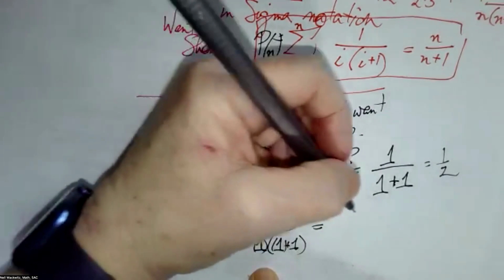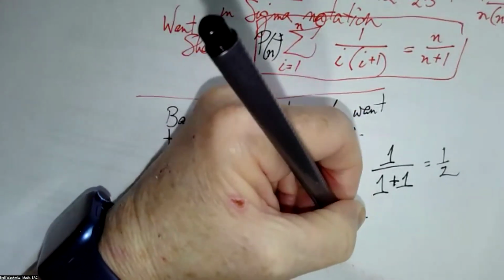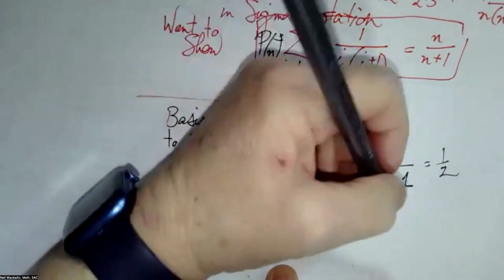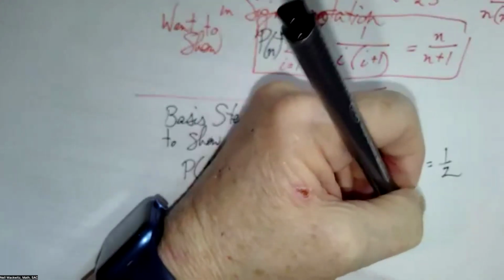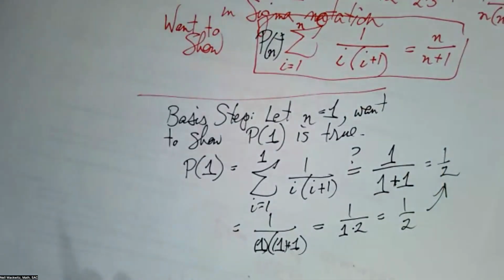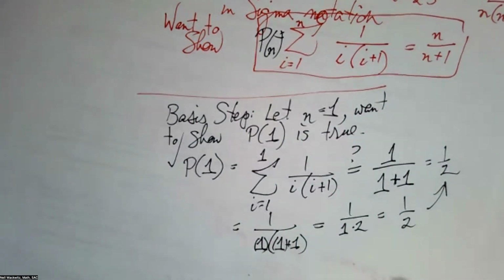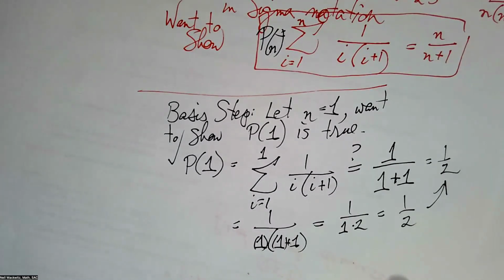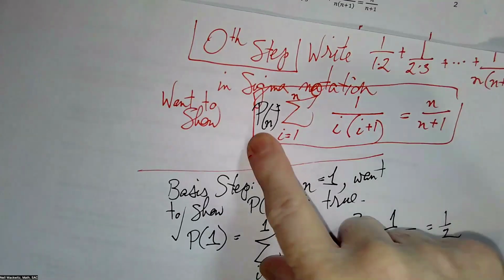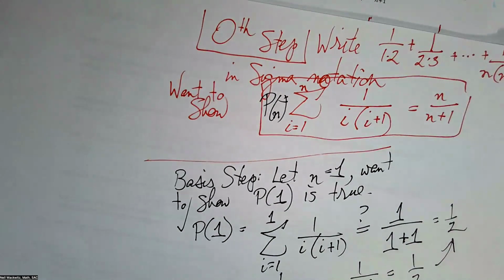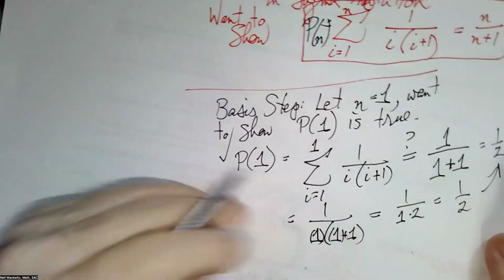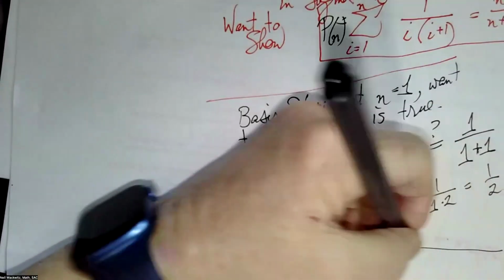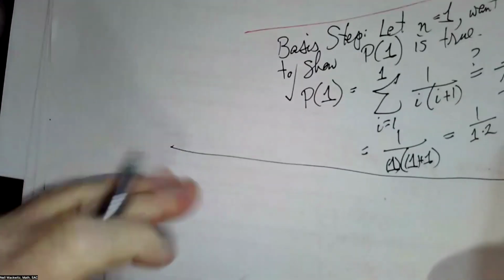Well, this is equal to 1 over 1 times 2, and that is equal to 1/2, which is what we wanted. So we've done the basis step. We've shown that if n is equal to 1, the proposition, the rule works. Now we do the induction hypothesis.